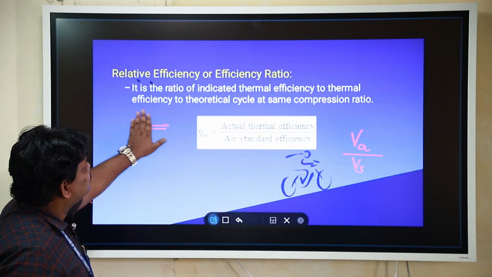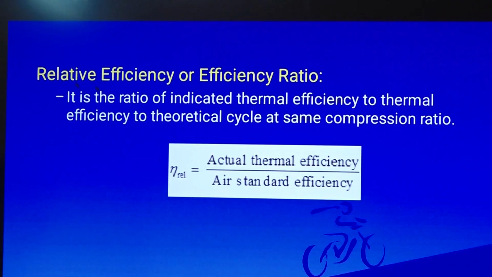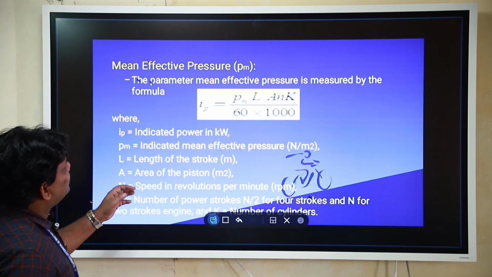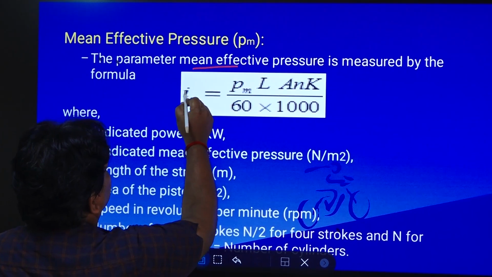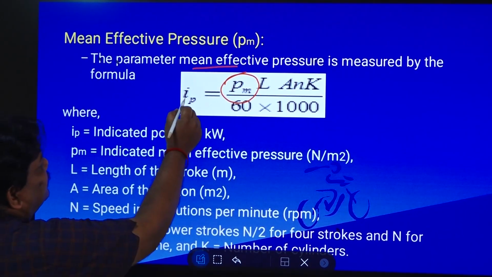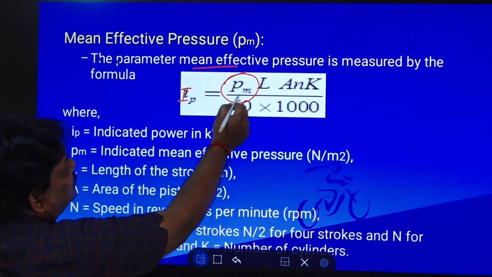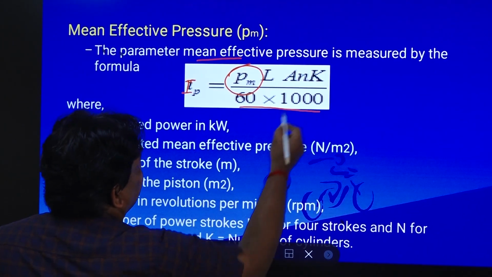Then relative efficiency. Relative efficiency is the ratio between the actual thermal efficiency and the air standard efficiency. Then mean effective pressure. It is measured by this formula: indicated power is equal to Pm L A N k divided by 60 into 1000.